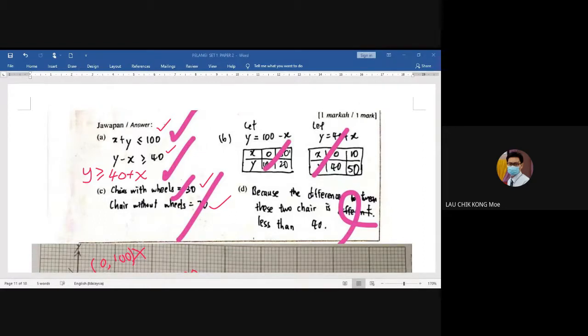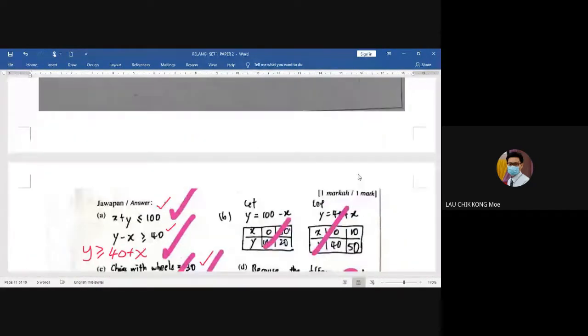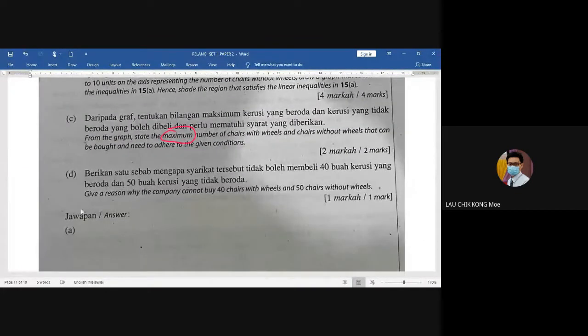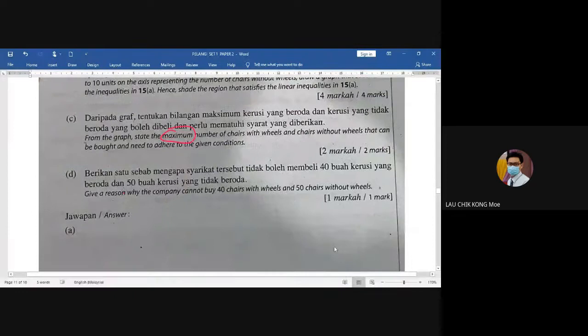Okay, so we continue. Okay, so 30, 70. Okay, and then the last part D. Give a reason. If we look at SPM questions now, many times the last part of the question always asks the student to justify your answer, give your reason, right?